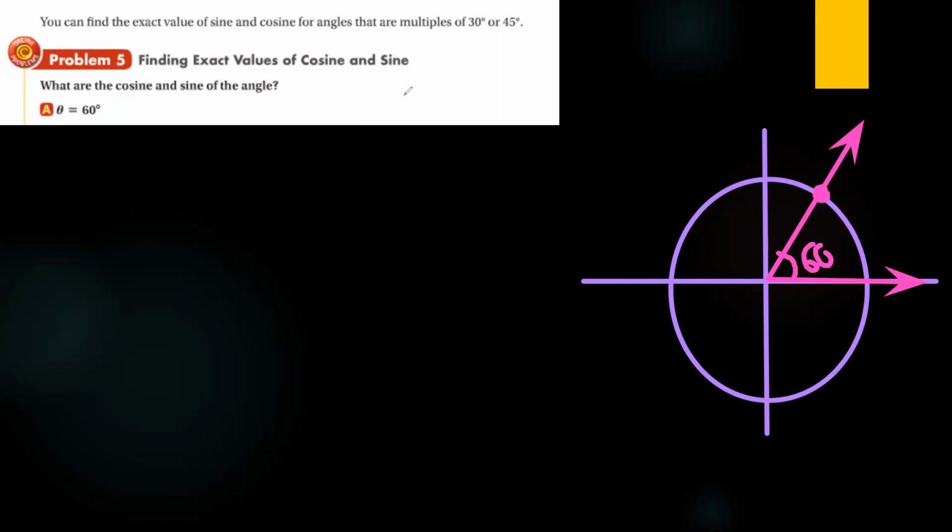After you draw this angle, you see this point here. When you draw it on the unit circle, what is the coordinate of this point? You will find that the coordinate of this point is half and square root of 3 over 2.